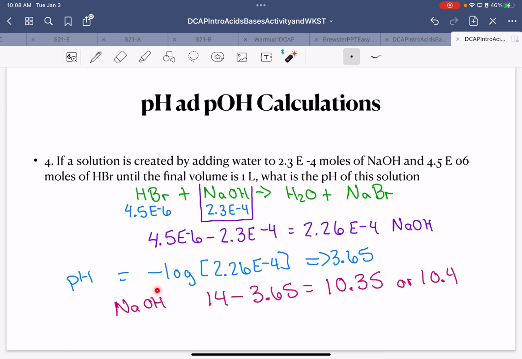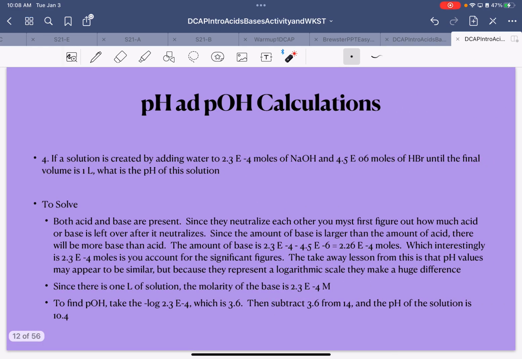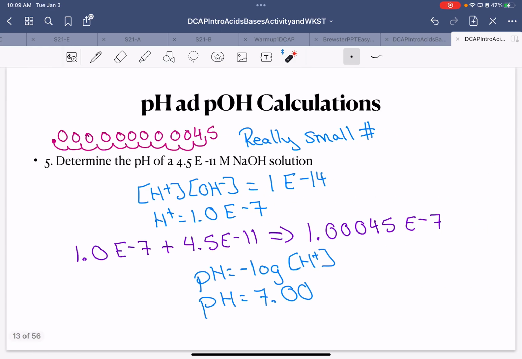So again, like we've done before, we plug it in. We note that we get 3.65. That can't be correct because it's sodium hydroxide. So then I'm going to do 14 minus that number, and I'm going to get my basic pH, which is 10.4. This slide is another explanation of that same idea in case you need some more.